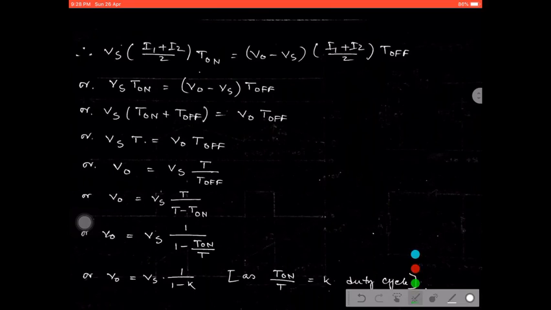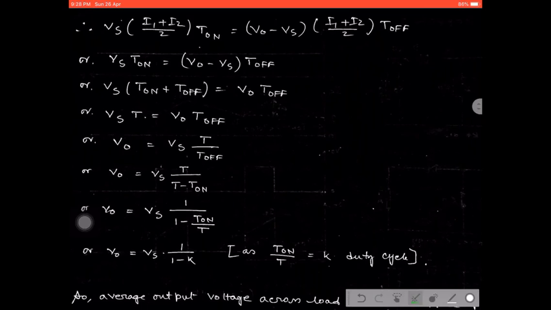That is why we can write Vs (I1 + I2)/2 T on equal to (V0 minus Vs)(I1 + I2)/2 T off. Let us go through the simplification: Vs T1 equals (V0 minus Vs) T off. Similarly, simplifying again, Vs (T1 plus T off) equals V0 T off.